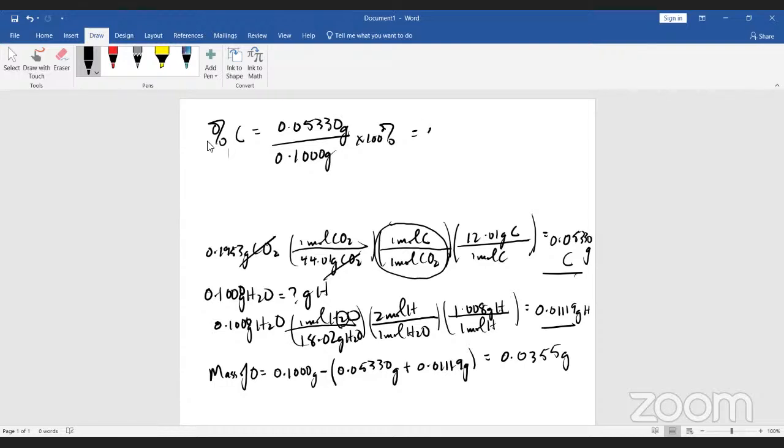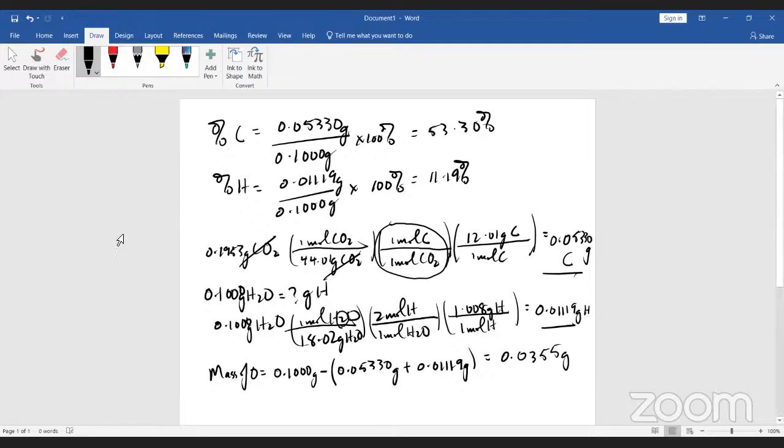And that will be equal to 53.30%. Percentage of hydrogen would be equal to 0.01119 grams divided by the total mass again, times 100%, and that will be equal to 11.19%.